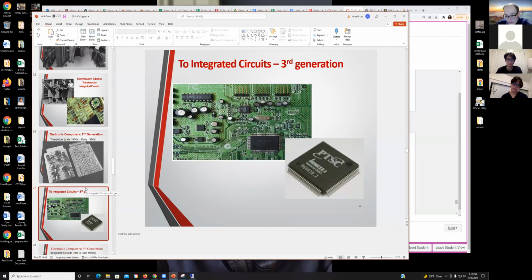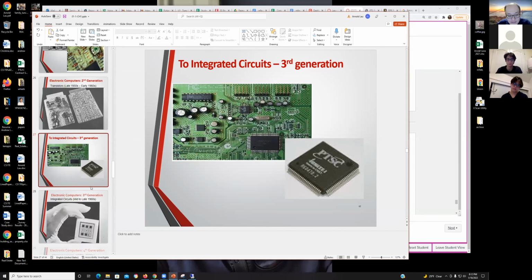Instead of having all this wire connecting different parts of a computer together, those pathways become more and more integrated, smaller and smaller, to the point where basically you can do the entire functionality of the computer all in one chip.